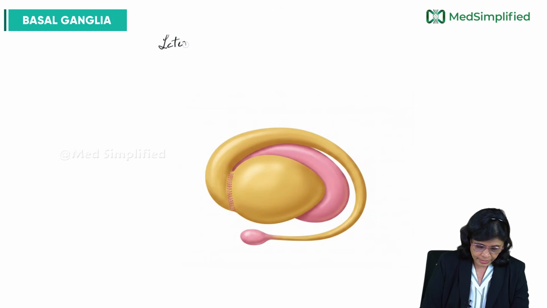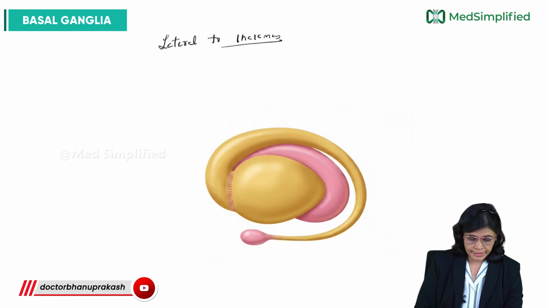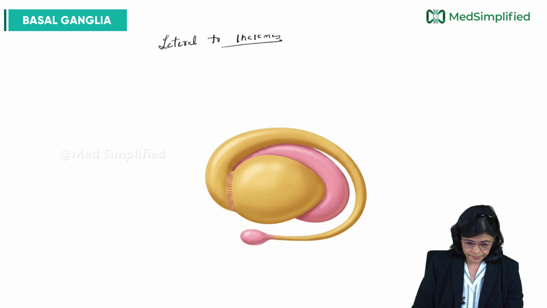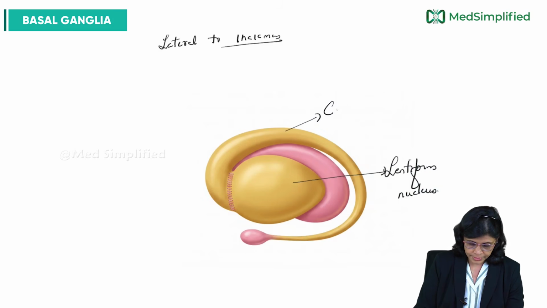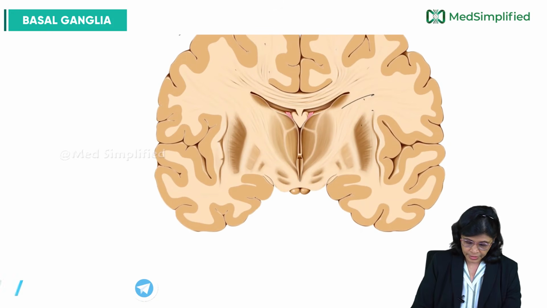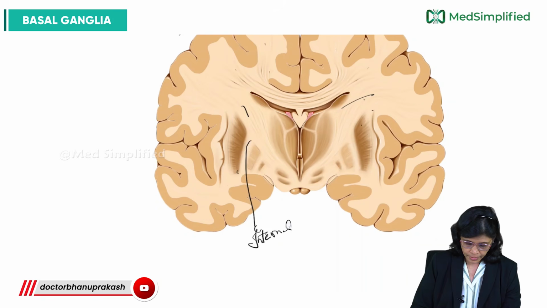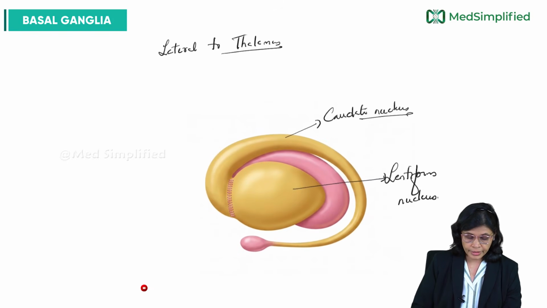It is completely divided into two portions, the lentiform nucleus and the caudate nucleus, by the internal capsule, which we see here.